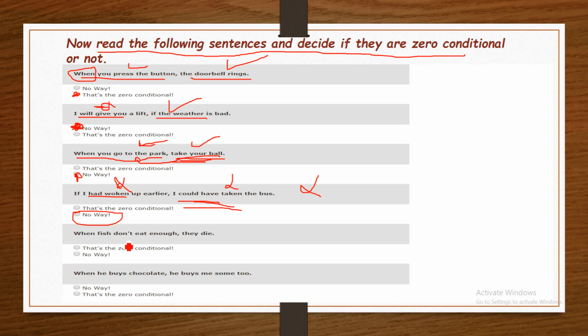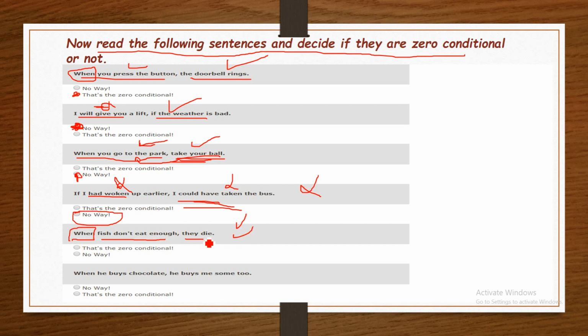When fish don't eat enough, they die. Both are in present simple. First condition satisfied. When is replaced by if.